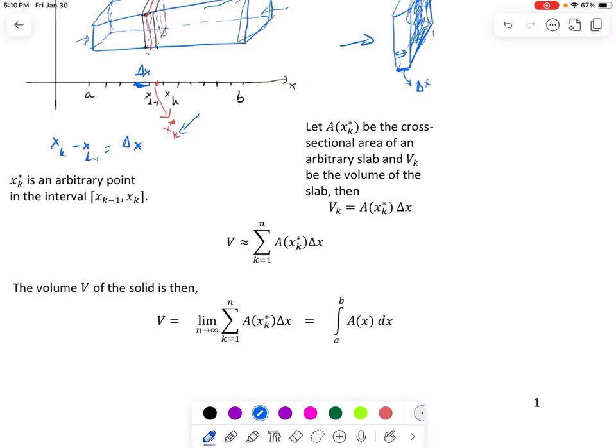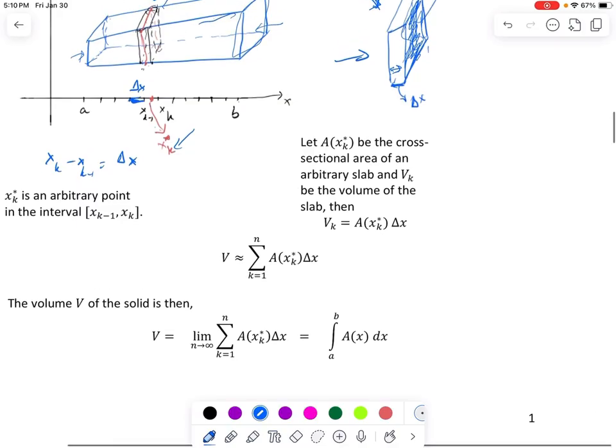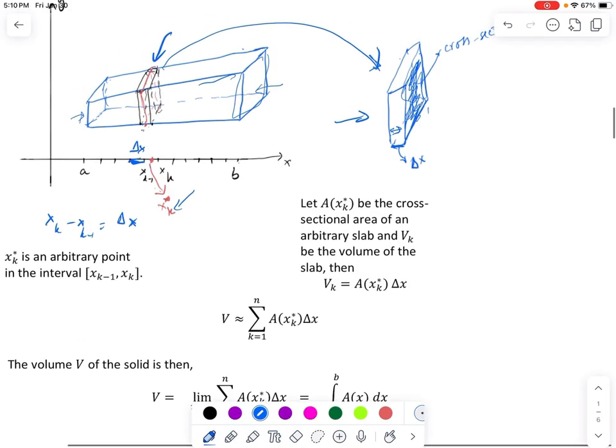Now we will have a bunch of these slices. So how do we find the volume? We add them all up. We add the volume of each slice from 1 through n, and that gives us an approximate volume.